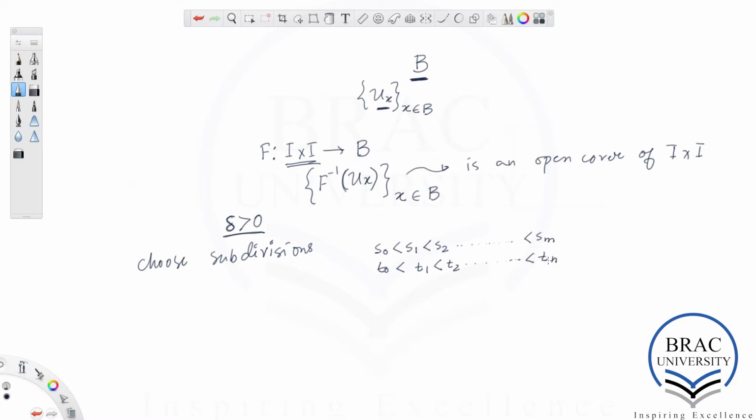Okay, so we choose these subdivisions of I. This is a subdivision of the edge I cross 0, and this is the subdivision of the edge 0 cross I. Essentially they are subdivisions of the unit interval from 0 to 1, right?